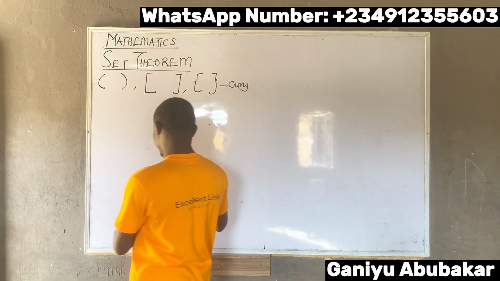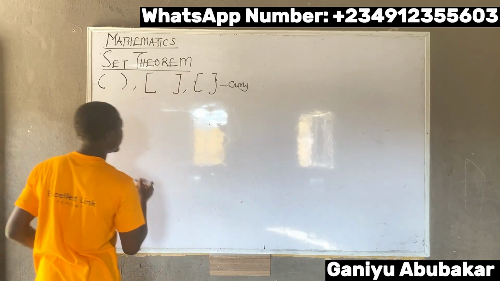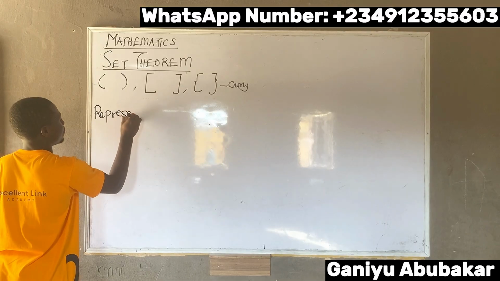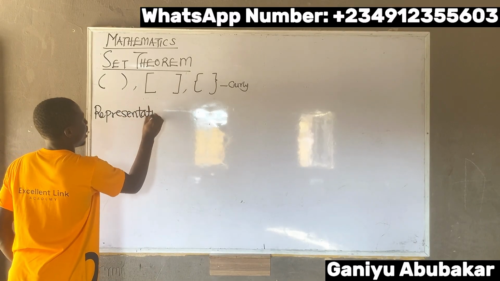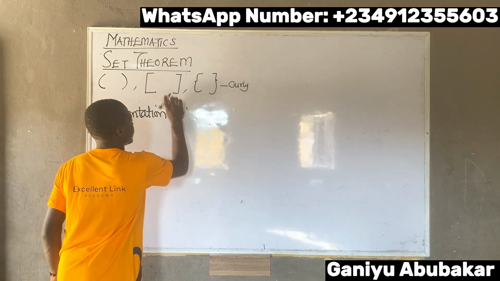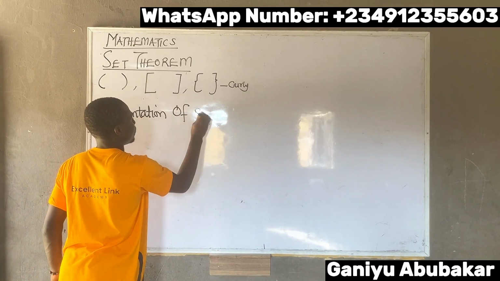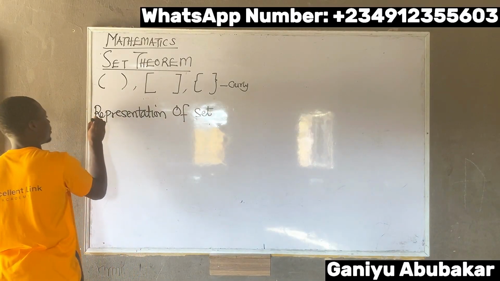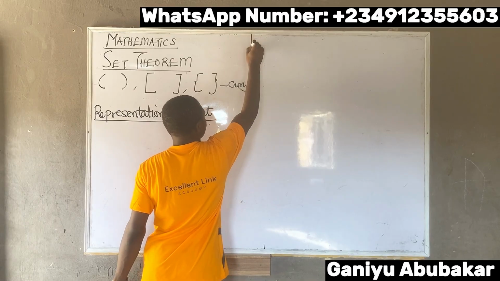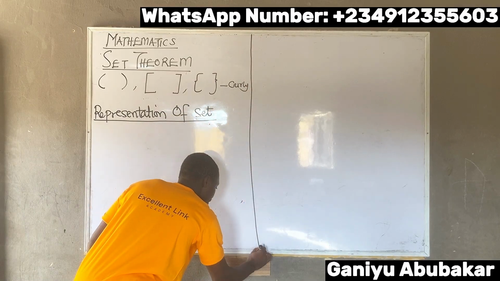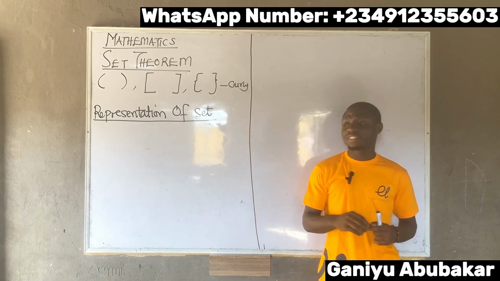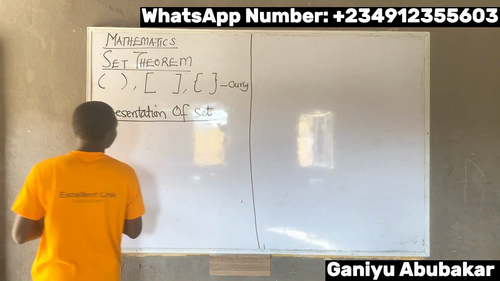At this junction, let's look at something important called representation of sets. How do we represent sets? There are two ways to represent sets.